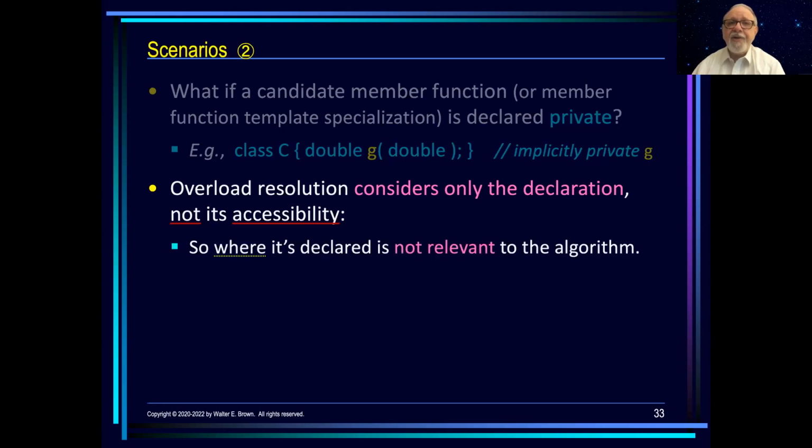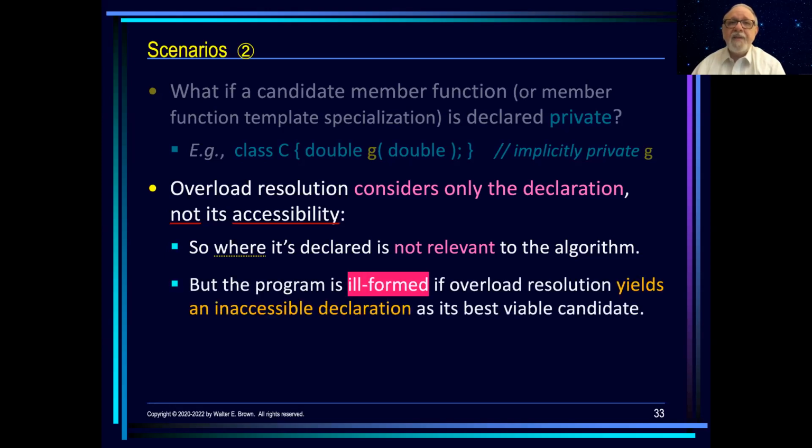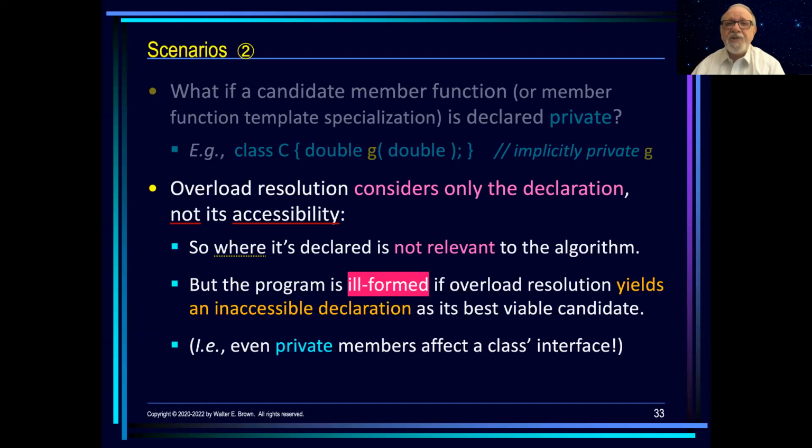So where it's declared is not relevant to the overload resolution algorithm. But if overload resolution has succeeded and discovered that a private member function is the best viable candidate, the program ends up being ill-formed, because we have a function that can't be called. It's inaccessible. So even private members affect the interface to a class, at least in this scenario.